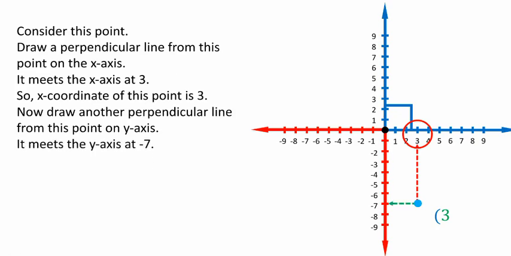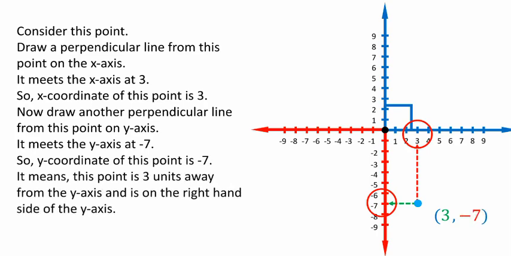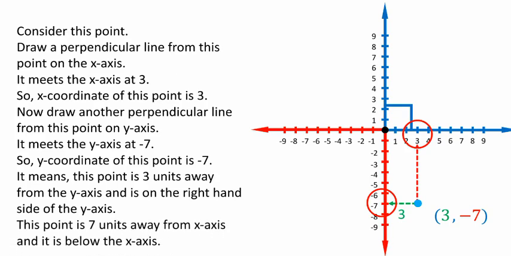It meets the y-axis at -7. So the y-coordinate of this point is -7. It means this point is 3 units away from the y-axis and is on the right hand side of the y-axis. This point is 7 units away from the x-axis and it is below the x-axis.